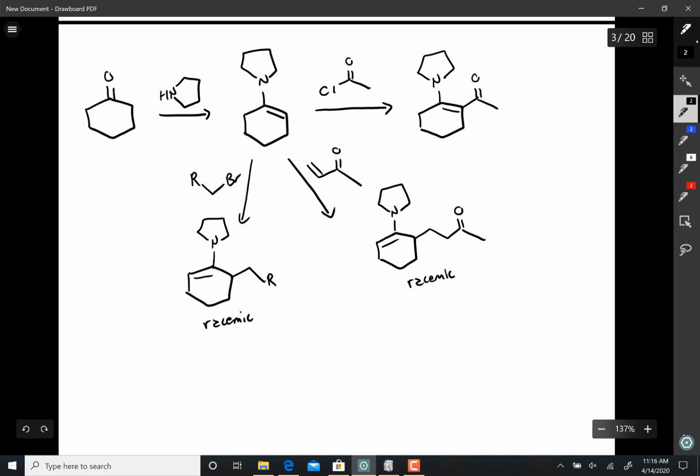Although this latter one comes with some restrictions, it either must be an sp2 carbon or a hydrogen in order for the reaction to work.